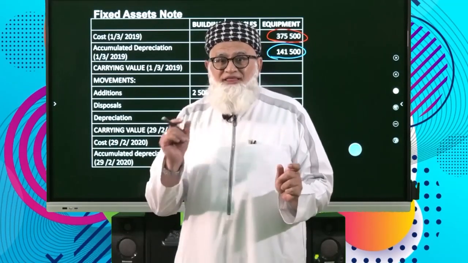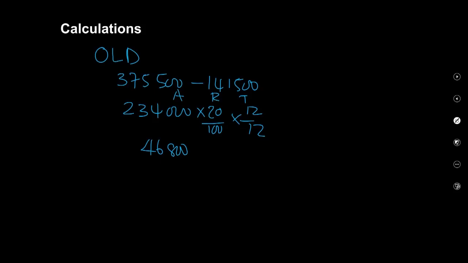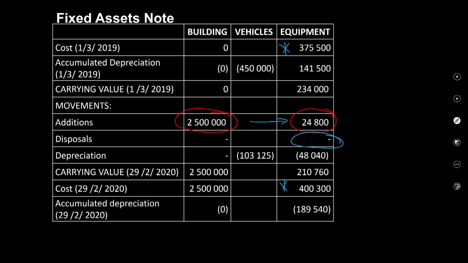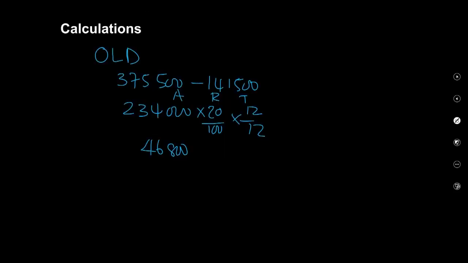If I bought on the 1st of December, it's December, January, February, 3 months of this financial year. So only 3 months did we use the new equipment. We've already ascertained that we purchased equipment for 24,800. So 24,800 was the value of the new equipment times 20 over 100 times 3 over 12.